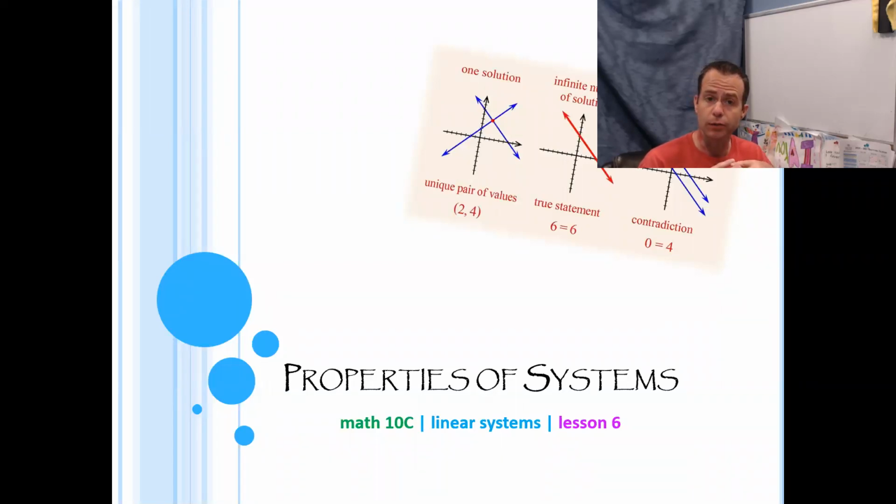I have one solution if the slopes are different. I have no solutions if the lines are parallel, so the slopes are the same, but the y-intercepts are not. Or I could have infinite solutions if I end up with overlapping lines, where the slopes would be the same and the y-intercepts would be the same. We've had all those conversations before.